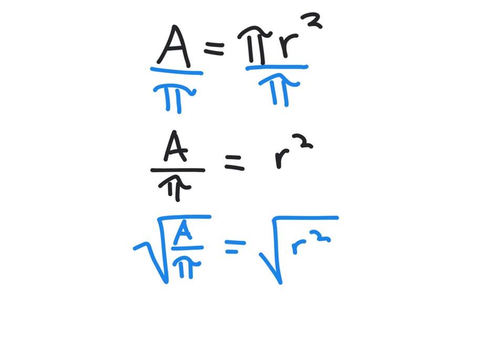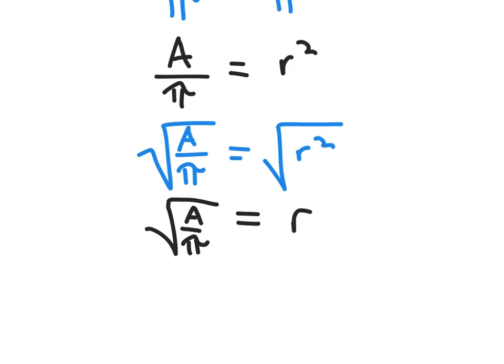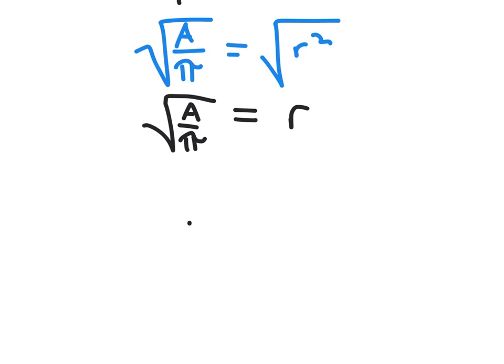And we know that the square root of r squared is just r. So we get that r equals the square root of the area divided by pi. And just to be neat, we'll write it the other way around so that we can say r equals the square root of A over pi.